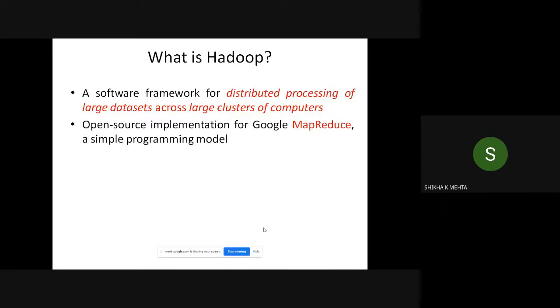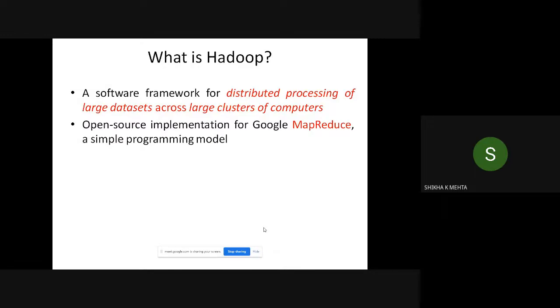So when Google was struggling with this particular problem of indexing the complete World Wide Web that it was crawling, they came up with a research solution and developed the Google File System, right? At the same time, along with the Google File System, they developed their own computation processing system, which they call MapReduce.